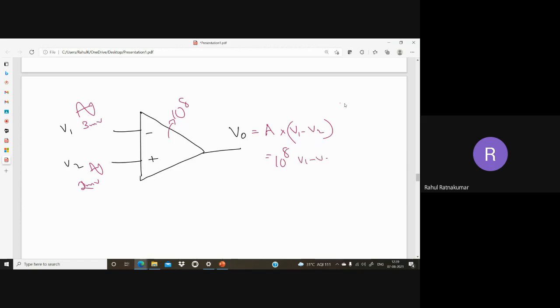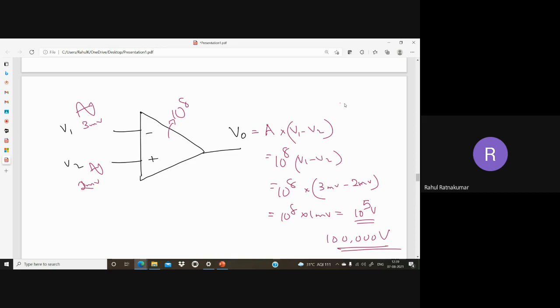V1 is 3 millivolt minus 2 millivolt, so 10 raised to 8 into 1 millivolt. That is nothing but 10 raised to 5 volt. So what is the meaning of 10 raised to 5 volt? That is 1 lakh. 1 lakh volts is coming in the output. Now what is the problem here?